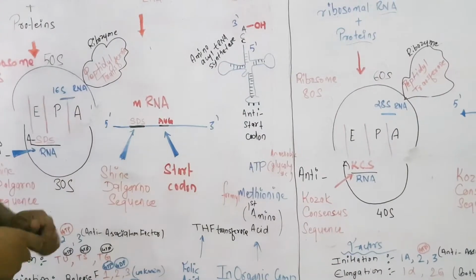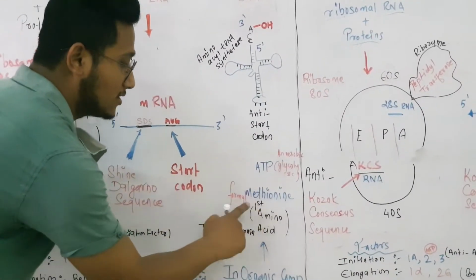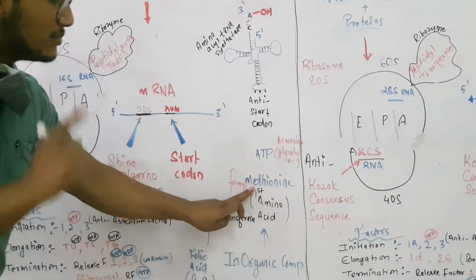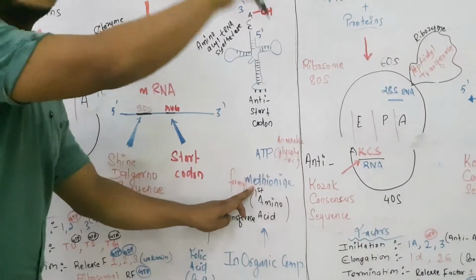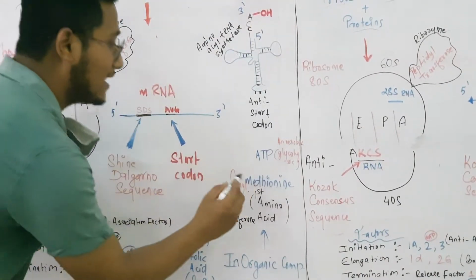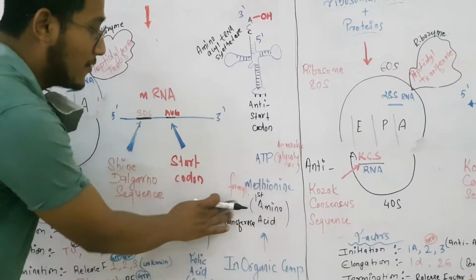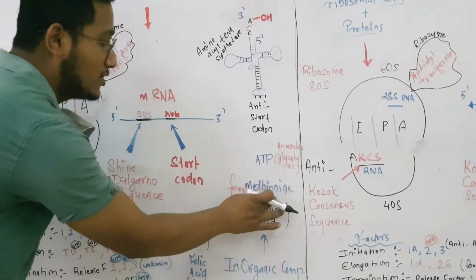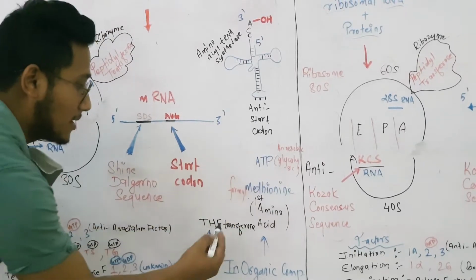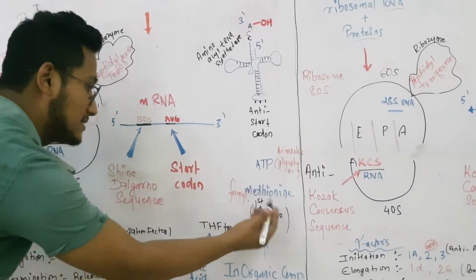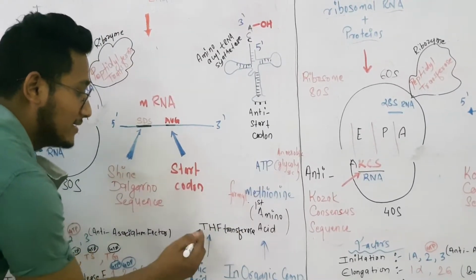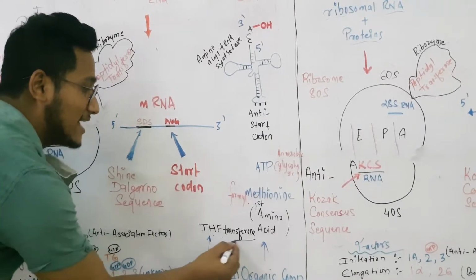But what we have to understand is that the very first amino acid is methionine in both prokaryotes as well as eukaryotes, except that in prokaryotes this methionine needs to be formylated. Okay, and this formylation of methionine is catalyzed by tetrahydrofolate transferase.